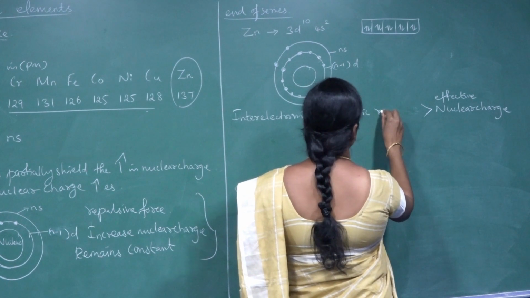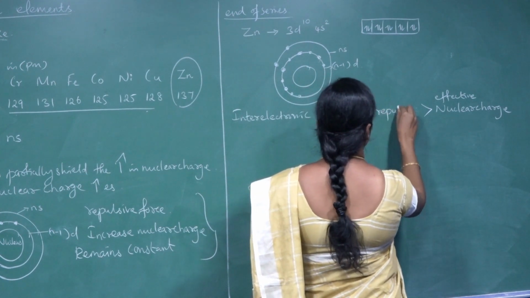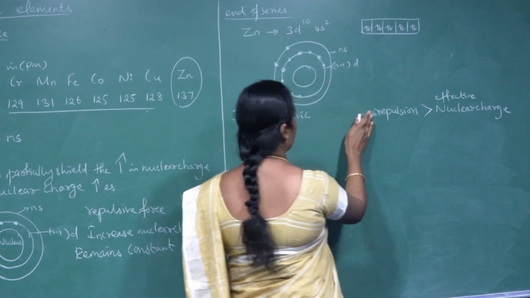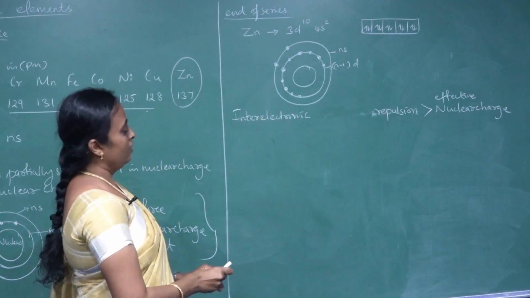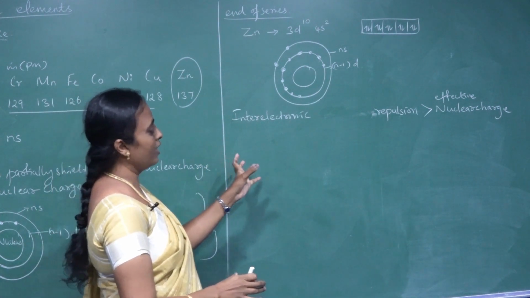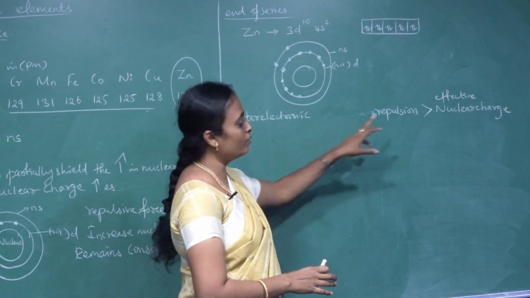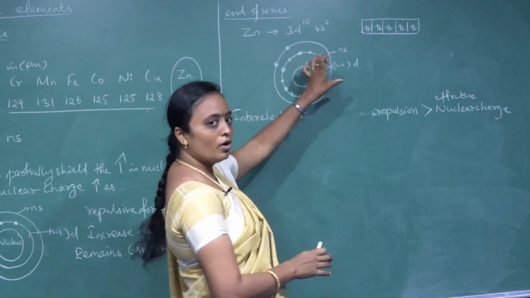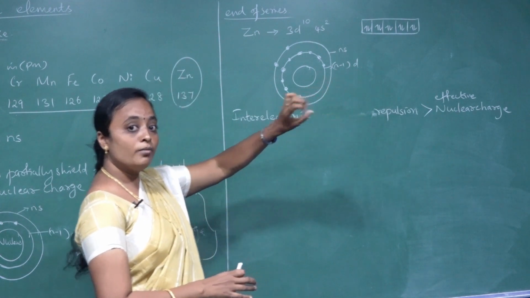Now what happened? We are taking that the repulsion between the electrons is more compared with the effective nuclear charge, because you know that the d orbital electrons will be more shielded.